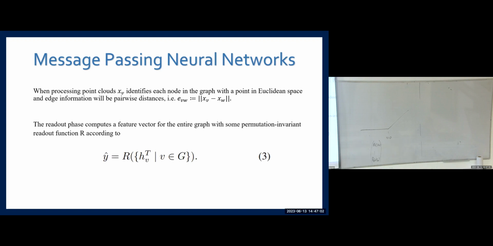Each hidden state is going to attain some value after the iterations, and then to obtain a global graph feature, we're just going to define some permutation invariant aggregator and get a global feature for the graph.